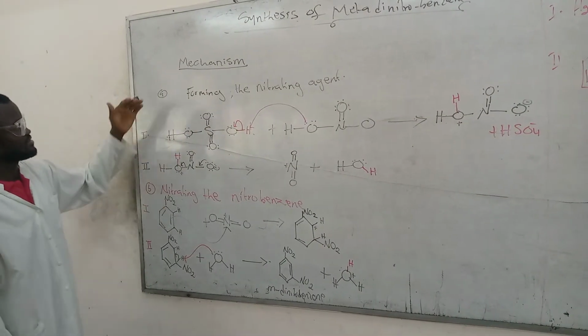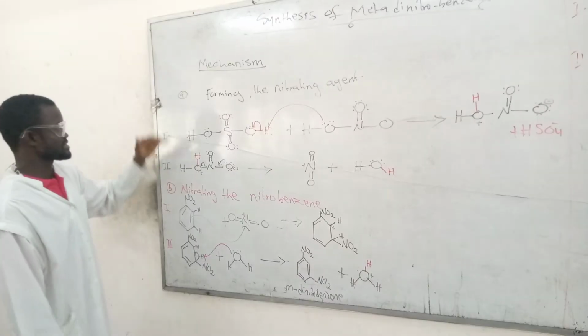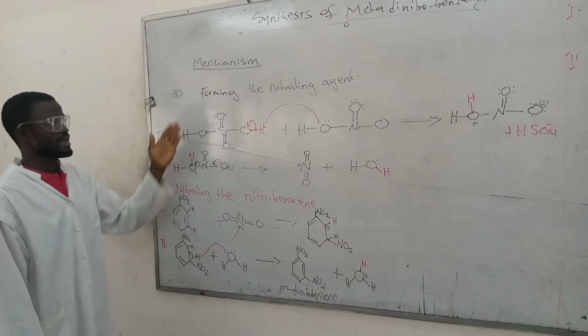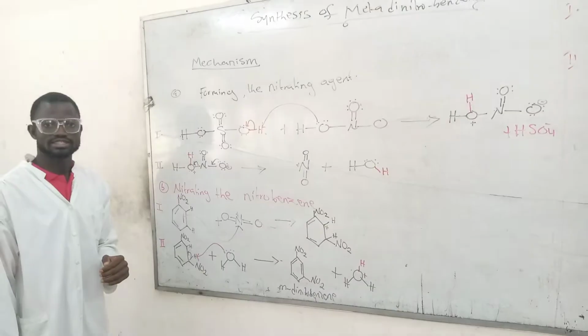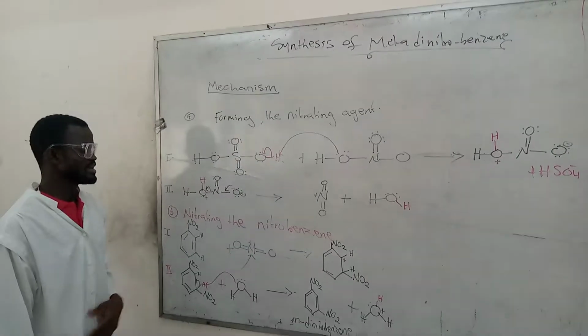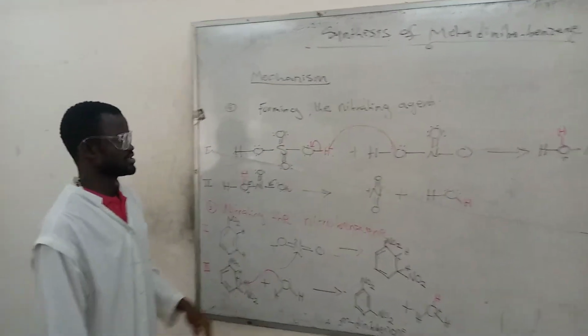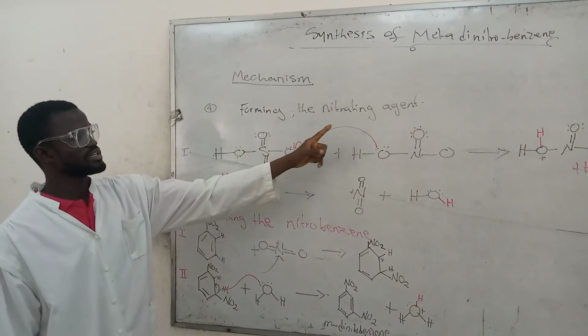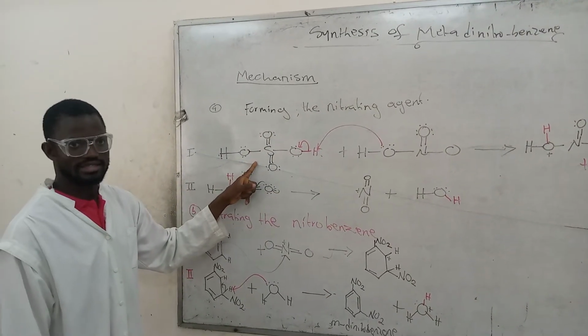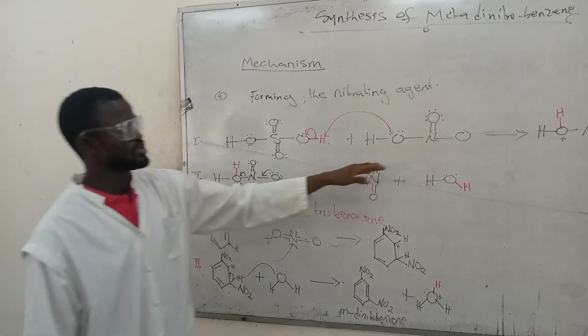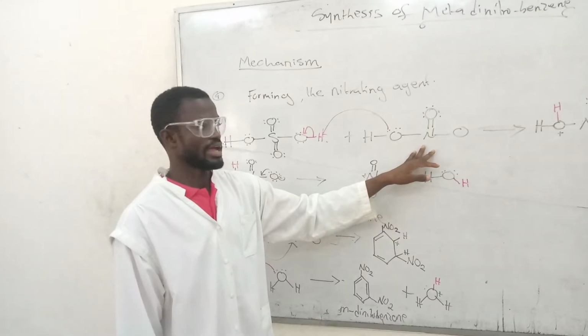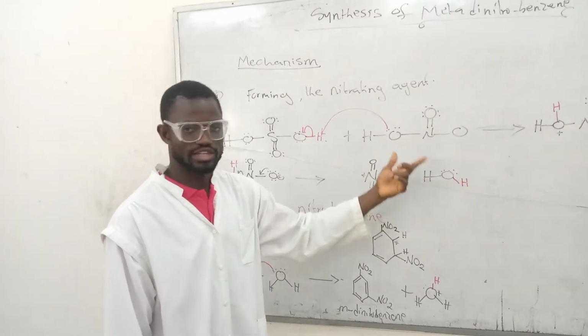Now let's quickly move on to the details of the mechanism. I've divided the mechanism into two, A and B. A is when we are forming our nitrating agent, B is when we are nitrating the nitrobenzene. In forming the nitrating agent, we mix sulfuric acid with nitric acid, and our aim as usual is to produce a nitro group.